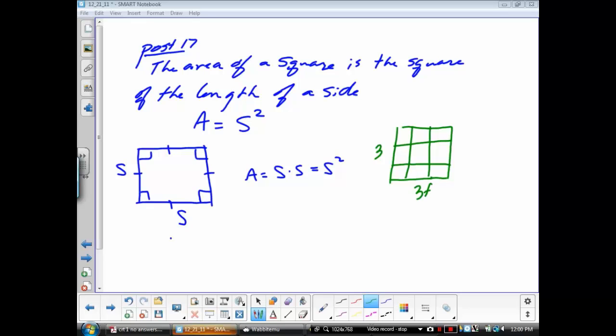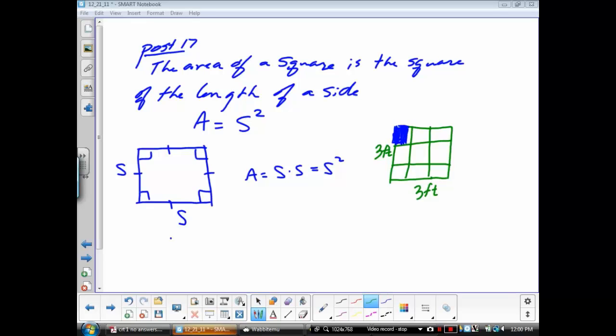So, how many square feet are there going to be in this square? A square foot is, in fact, a square that is 1 foot by 1 foot. And we can see that there's going to be 9 square feet in this square.